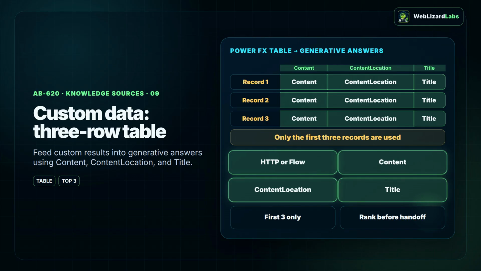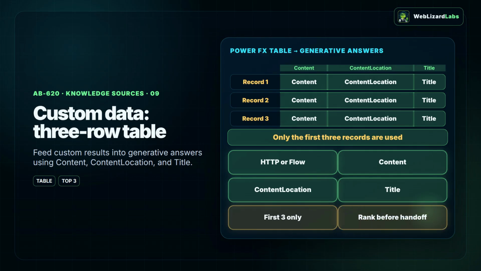The important exam detail is the limit. Only the first 3 records in the table are used to generate the response. If an HTTP request or flow returns more results, the extra records are ignored. So the retrieval step must filter and rank before it hands data to the node. Do not dump hundreds of records into custom data and hope the node chooses the right ones.